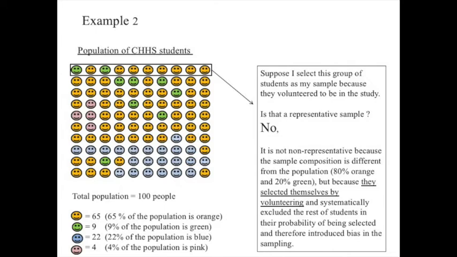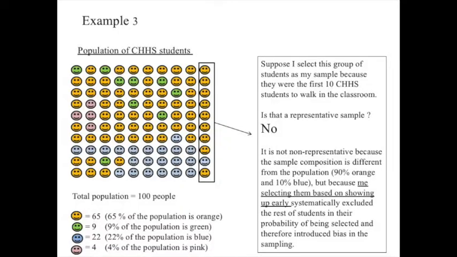It is not representative because these students volunteered. So by volunteering, I'm systematically including those that volunteered and excluding those that didn't volunteer. So this is not a representative sample of CHHS students.